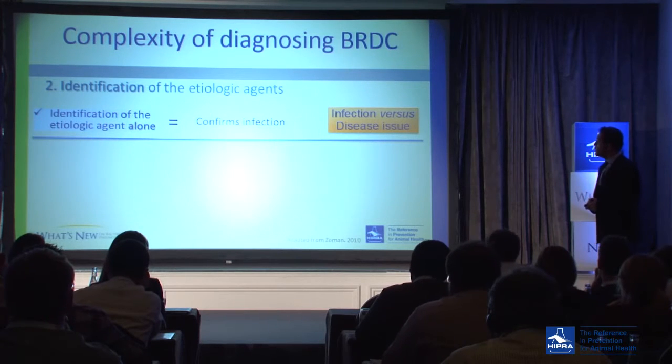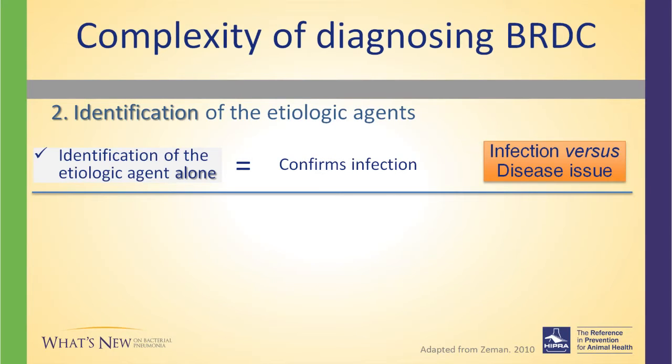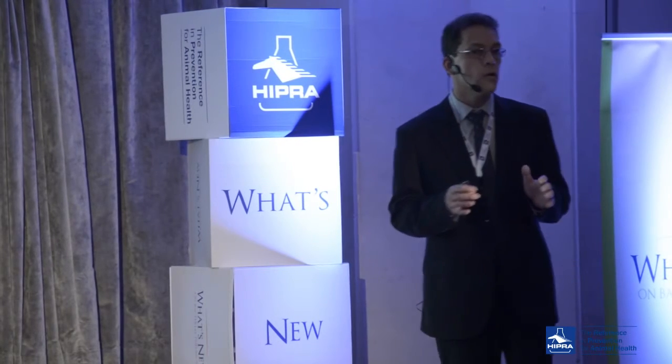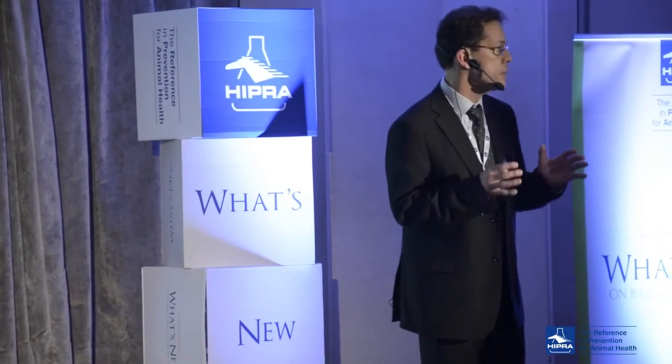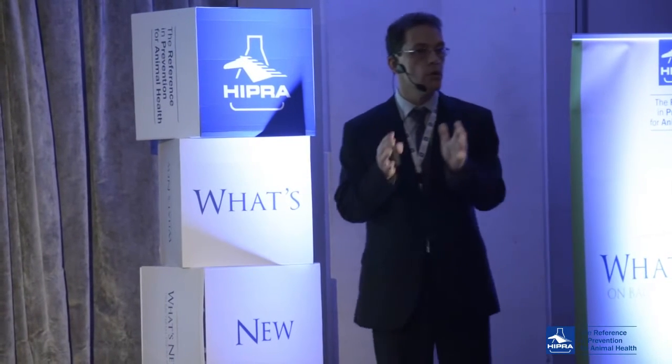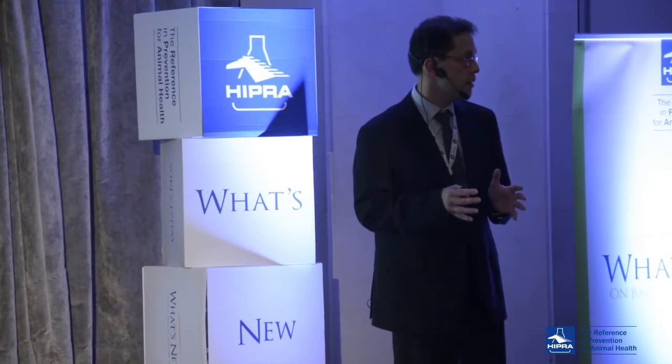What about identification of the etiological agents, identification of bacteria and viruses and mycoplasma? If you rely your diagnosis on a PCR result alone, with no other data, then the only thing you have is the confirmation of infection, but you don't know anything about disease. This is just a confirmation that the pathogen was or is there.